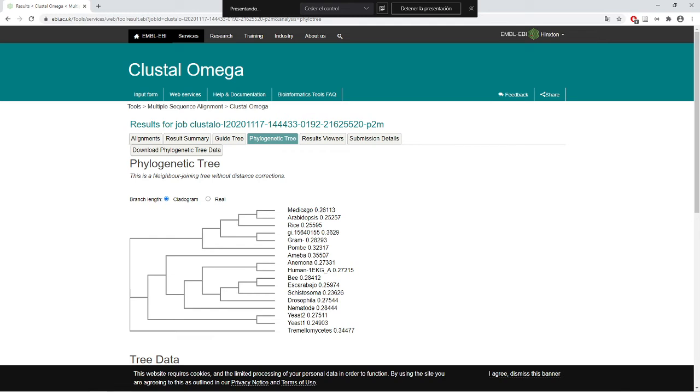I was looking in the previous one, in the closest mammals alignment. Okay. You have it?